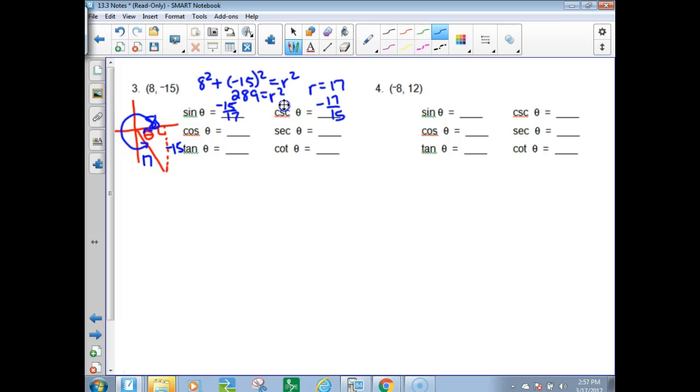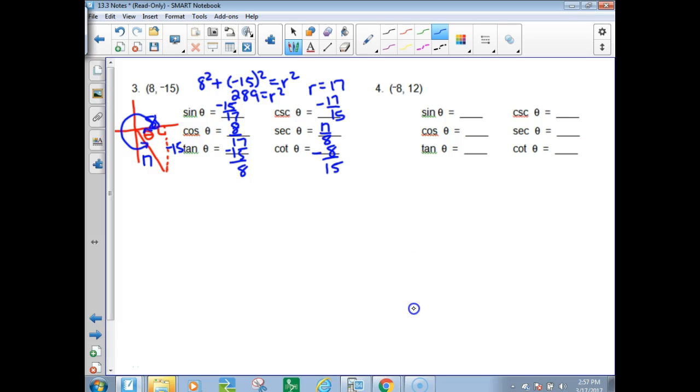And we kind of have these ordered nicely for you. The cosine would be 8 over 17, and that one's positive. And the secant would be 17 over 8. And the tangent would be negative 15 eighths, or negative 8 15ths for the cotangent.